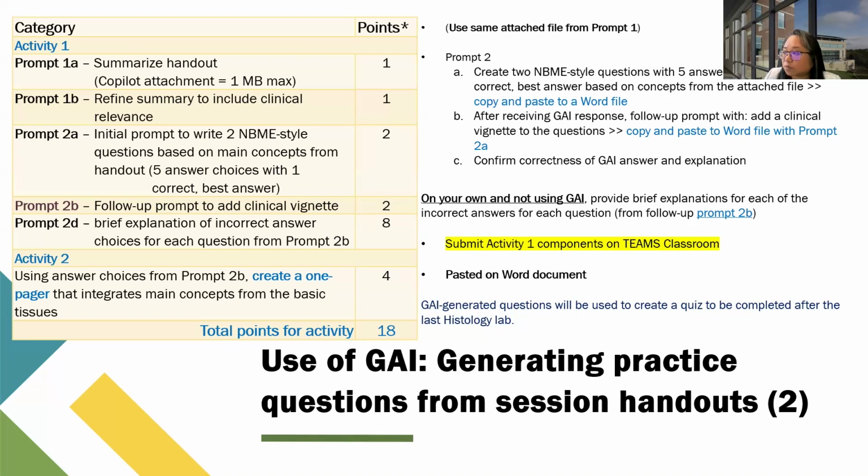Then, in their own words, they provide brief explanations for each of the incorrect answers from the follow-up to prompt 2B. They submit it to the Teams classroom. Additionally, I will review their AI generated questions and use them to create a quiz that they would complete after the last histology lab. So this was one of the activities that they did.